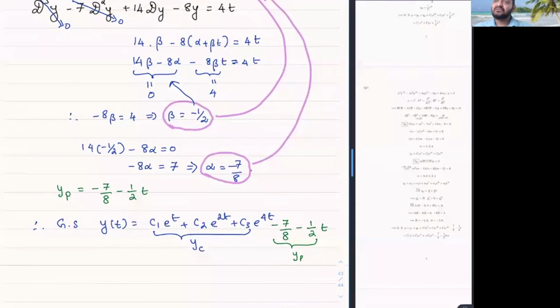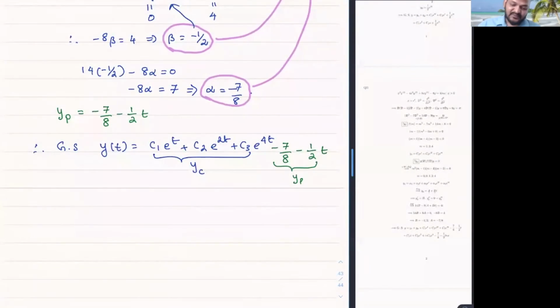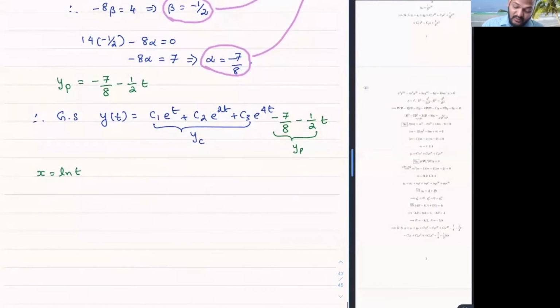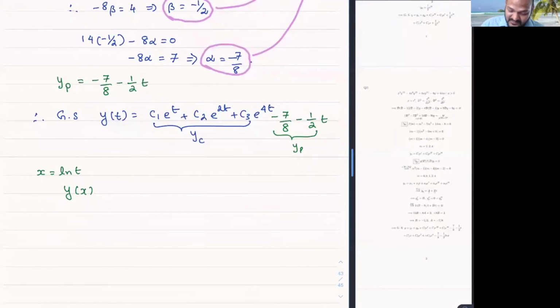Now we are not done. We need to rewrite this in terms of x. The substitution for that would be that x is equal to e to the t. In other words, t is equal to ln of x. When I do that, then the y of x now becomes c1 e to the ln of x, which is by the way x, and c2 times e to the 2 times ln of x plus c3 e to the 4 times ln of x.